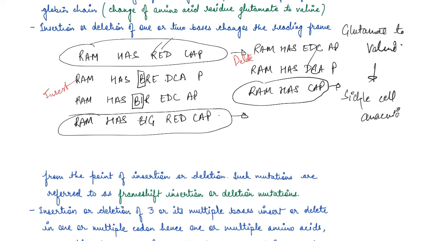So if you see, insertion or deletion is completely changing the reading frame and we are getting a completely different meaning. Now this type of mutation, guys, this type of mutation is known as frame shift mutation.